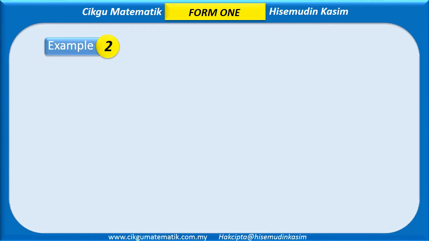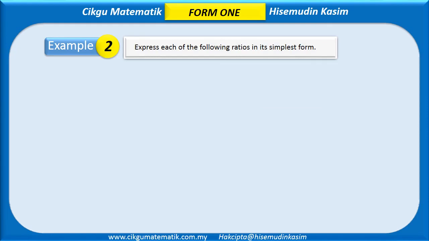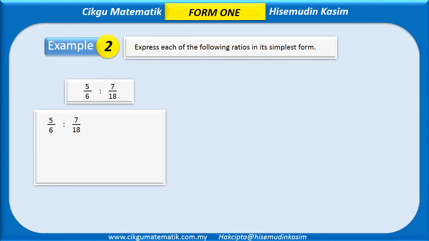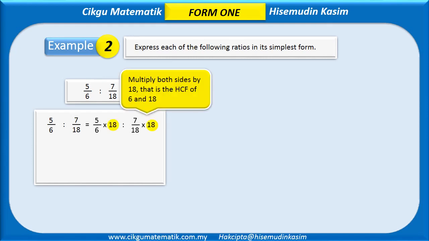Example 2. Express each of the following ratios in its simplest form. The ratio of 5 over 6 to 7 over 18 equals 5 over 6 times 18 to 7 over 18 times 18.